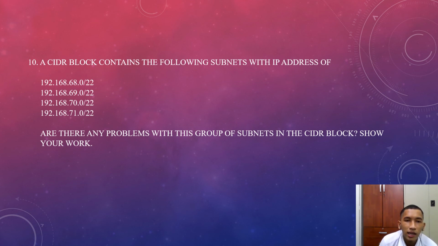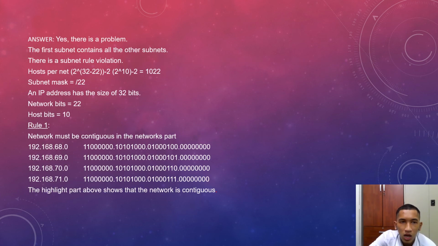Are there any problems with the group of subnets in the CIDR block? Show your work. The answer is yes, there is a problem.